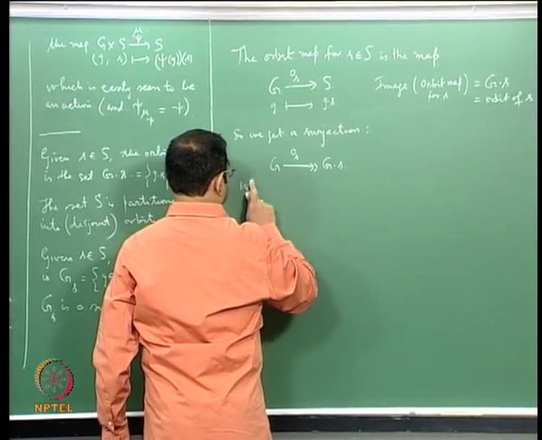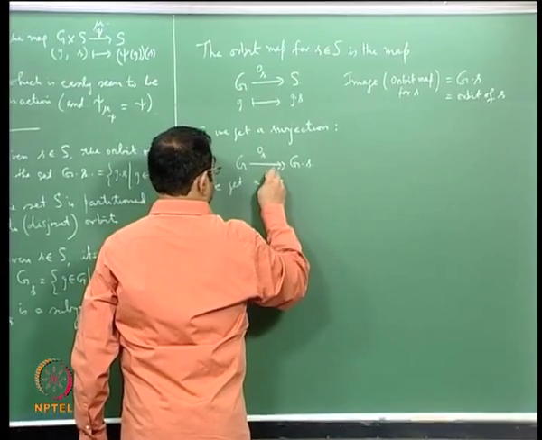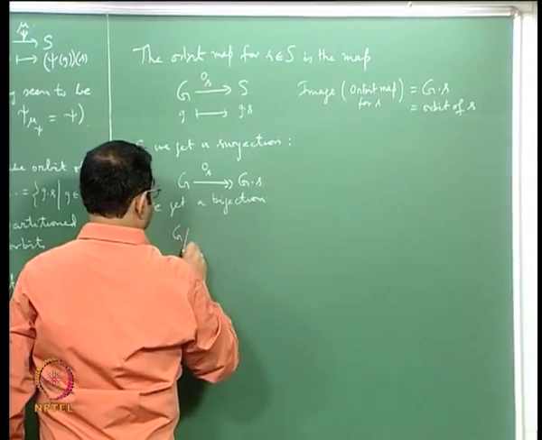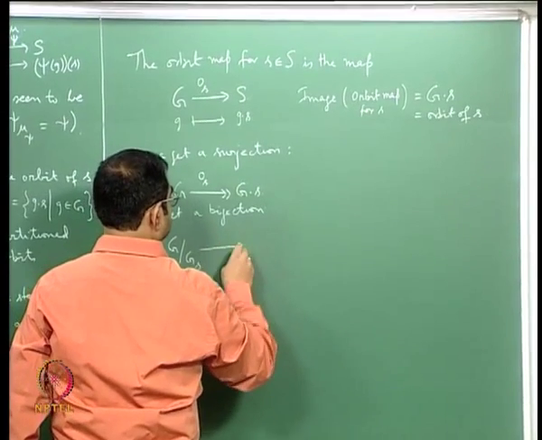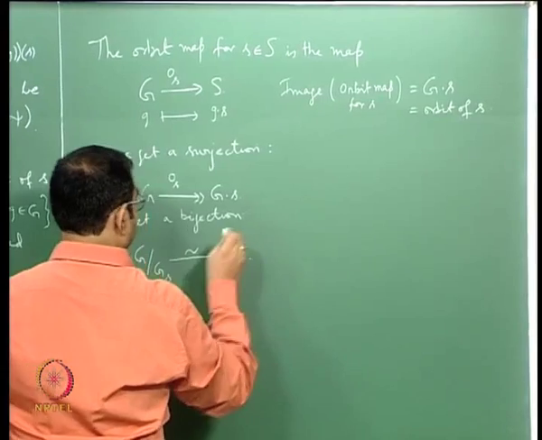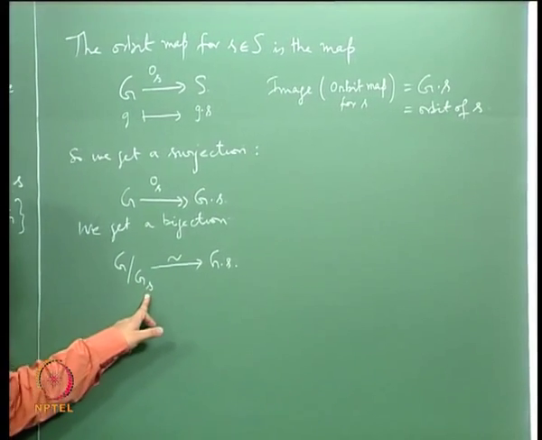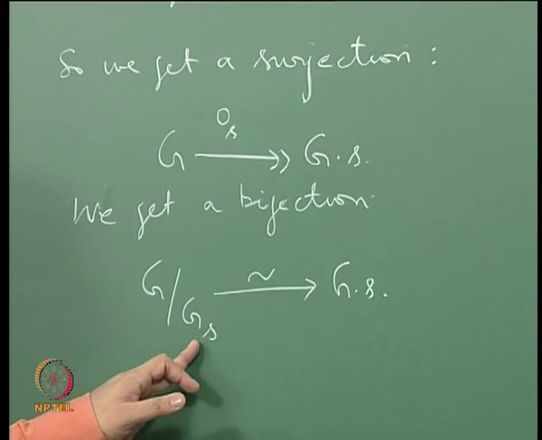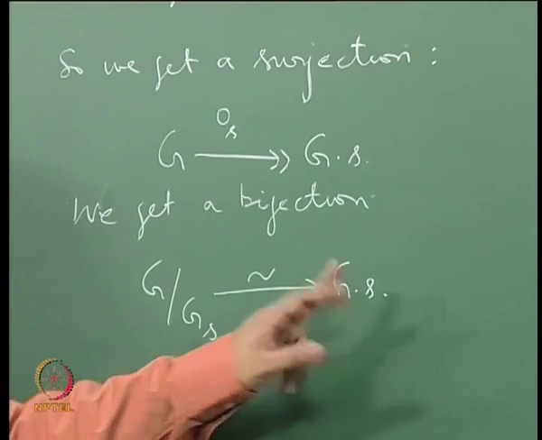We get a bijection of G mod G sub s with G dot s. So G sub s is the stabilizer subgroup consisting of elements of the group which fix the element s, and G dot s is the orbit.